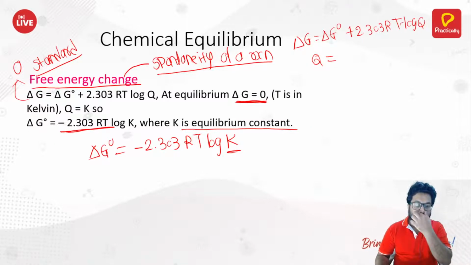If your delta G is negative, that means the reaction is spontaneous. If delta G is positive, the reaction is non-spontaneous. If delta G is 0, then the reaction is at equilibrium.